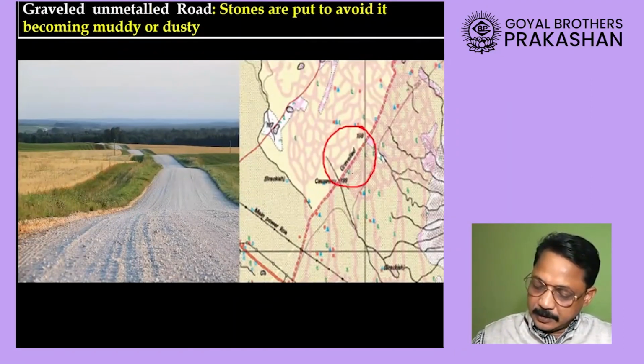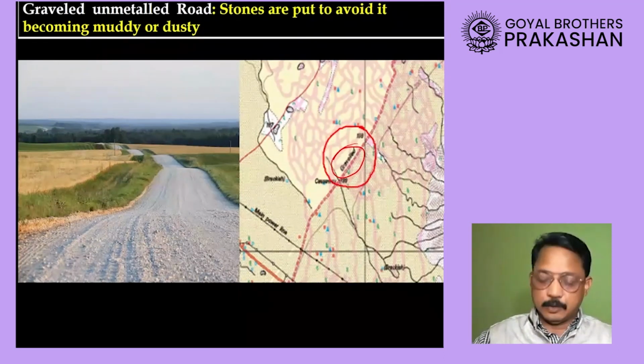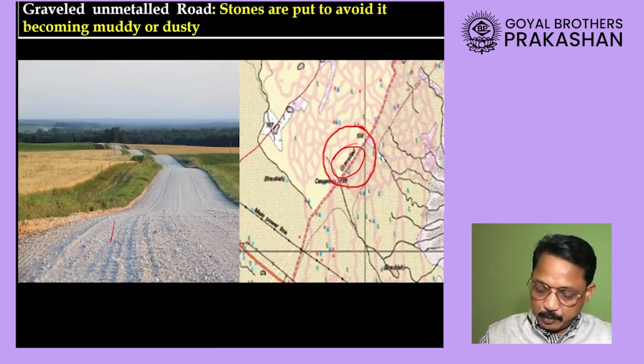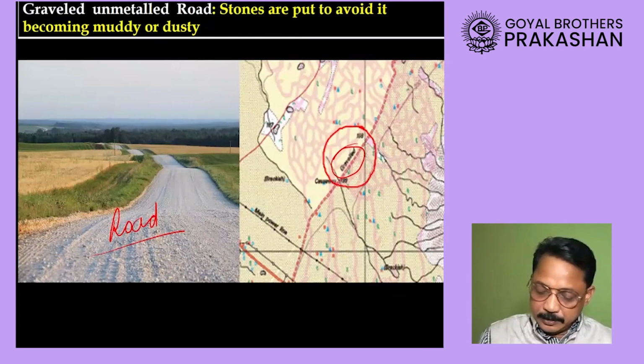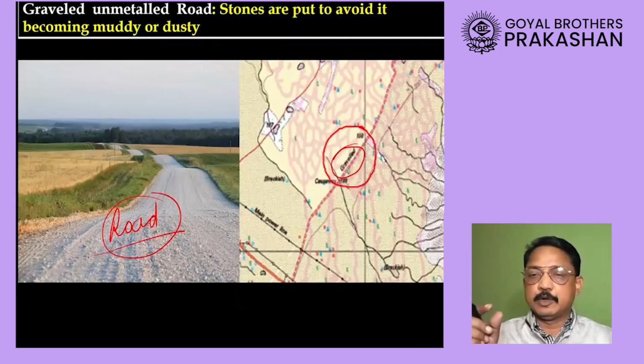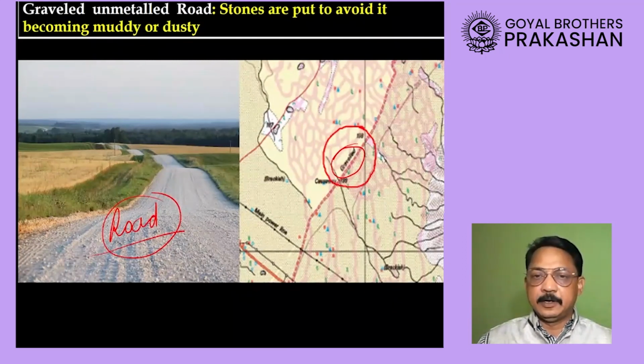Now, dear student, here the word gravelled is written on this unmetalled road. So this road that is seen over here is not a tar road, it's not a metal road, and on this road they have put gravel. When small stones or sand is laid on the unmetalled road, the road will be called a gravelled unmetalled road.